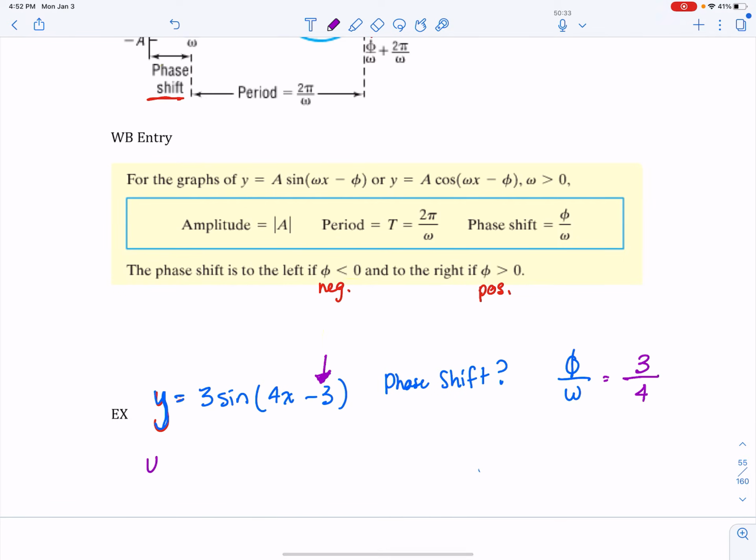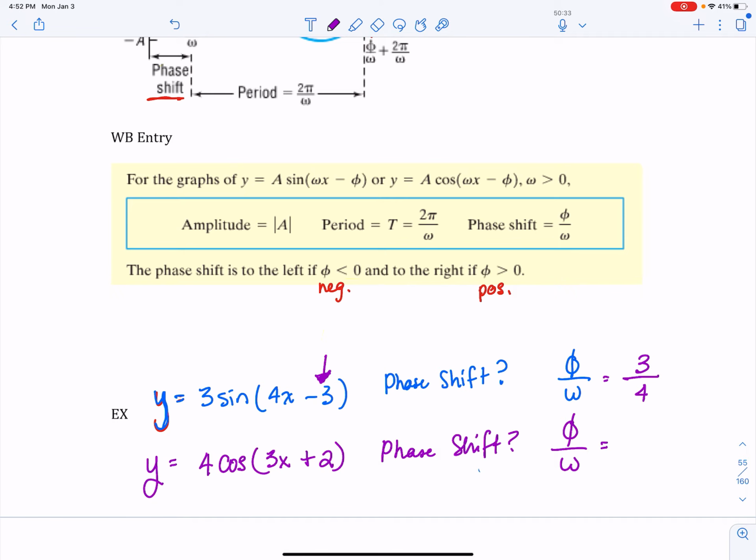Here's another example. y equals 4 cosine of 3x plus 2. Now I'm going to look for the phase shift for this one. Once again, it is phi over omega. Phi in this case is actually -2, because remember the standard form has to have a negative in it.